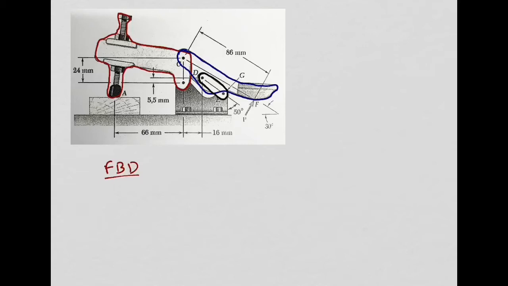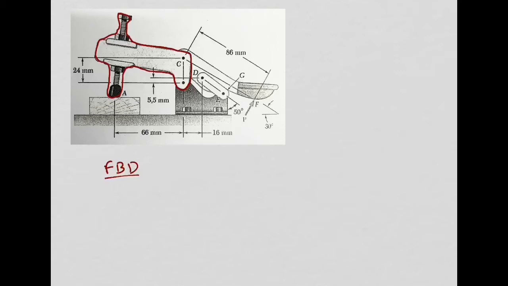For example, if you decide to go for the part in red, in order to build the free body diagram, we need to isolate this part from the rest of the press or the rest of the mechanism.